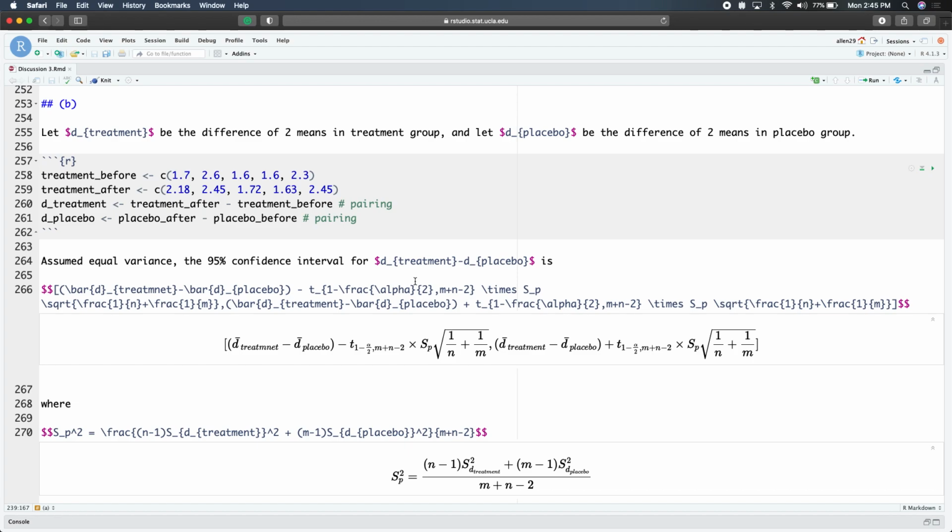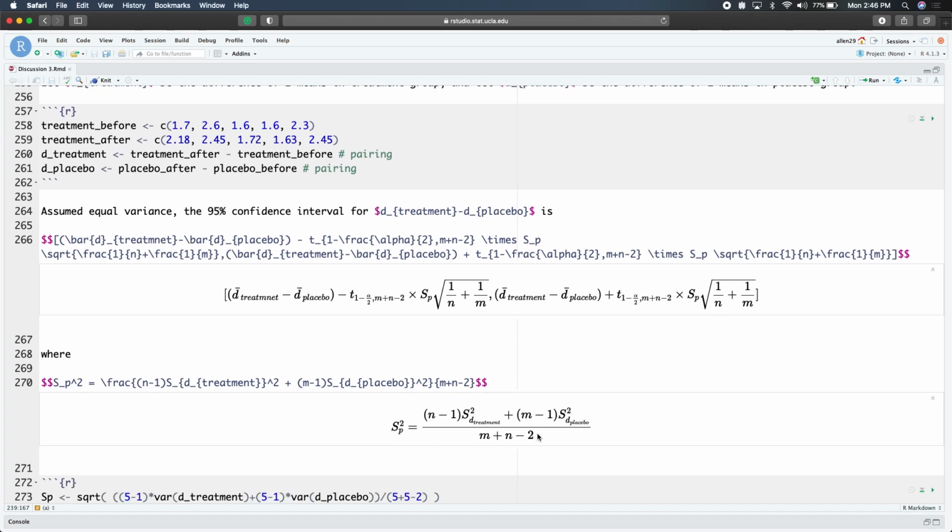We have 5 differences for placebo and 5 differences for treatment, and then we take one more difference. We take the average of the 5 differences, and then we take the difference between the two, and then plus and minus the t-score times the standard error, and this is the pooled or just the same formula as in question 8.